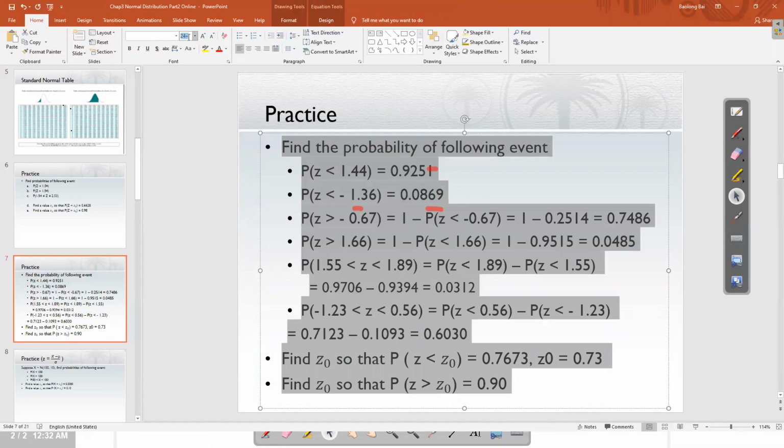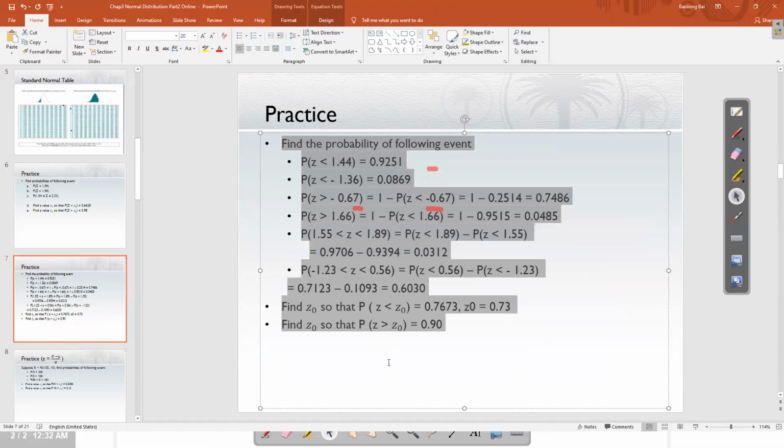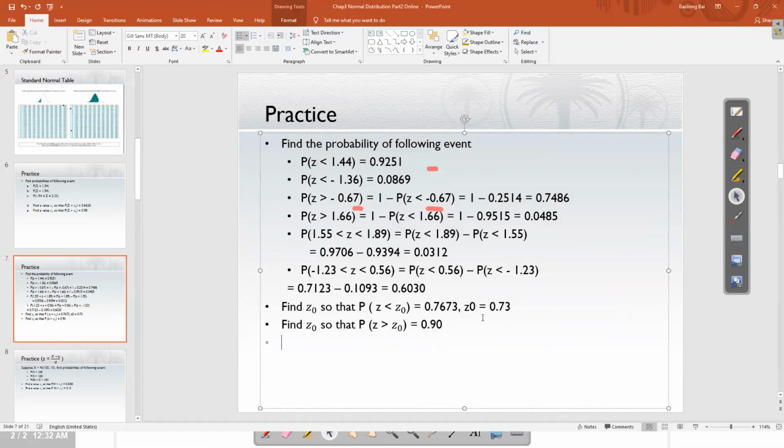And then the next one, this is just one extra step, basically. I'm going to make this smaller so it can fit everything in here. So for the greater than sign, we know we can't look it up in the z-table because we can only look up when the sign is smaller than. So for this case, we're going to convert the sign to be a smaller than sign. So there'll be 1 minus probability of z greater than z0, right? You can also draw a density curve. So basically, you have a normal distribution, and you have a z0 somewhere.